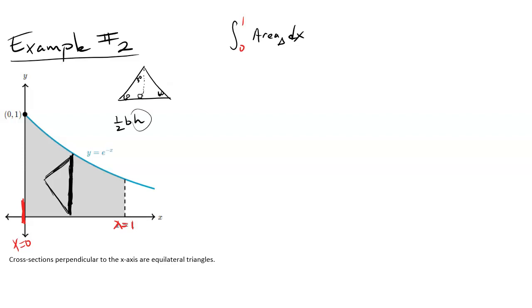So a 30, 60, 90 goes in a ratio of 1 to 2 to square root of 3. So the height is square root of 3 times bigger than this number.